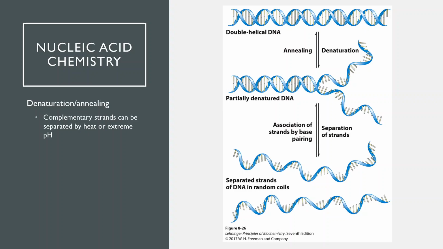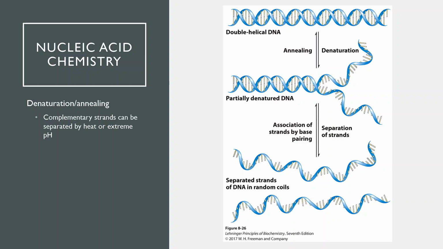And if you have two strands that are hundreds or thousands or millions of base pairs long, then that means there are many hydrogen bonds holding those two strands together. So even though they're hydrogen bonds, which means they're not as strong as covalent bonds, because there's so many of them, it forms a very stable arrangement.